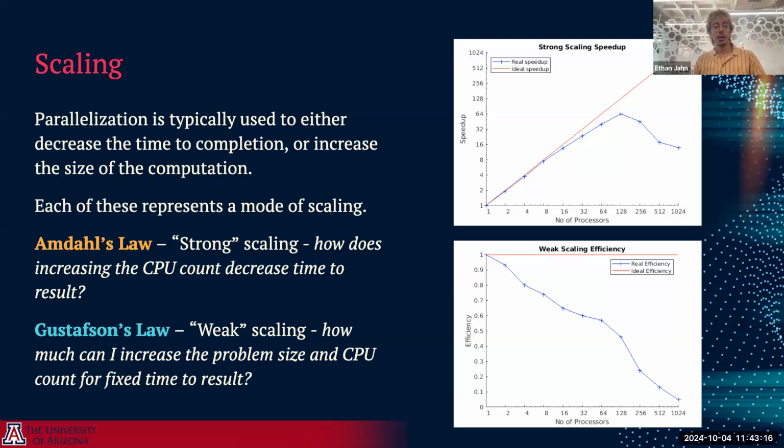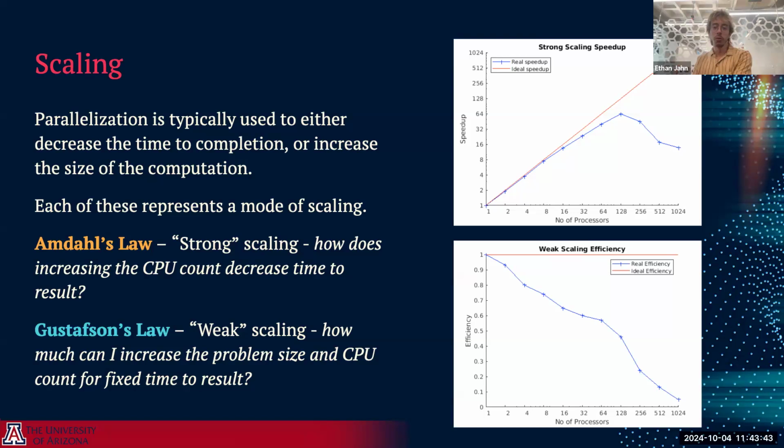The other type of scaling, we call this weak scaling, don't read too much into those terms. Oftentimes, weak scaling is a much more powerful type of scaling to consider. So Gustafson was analyzing Amdahl's law and realized that in practice, rather than keeping the problem size fixed and increasing the number of processors, the problem size oftentimes scales with the number of processors.